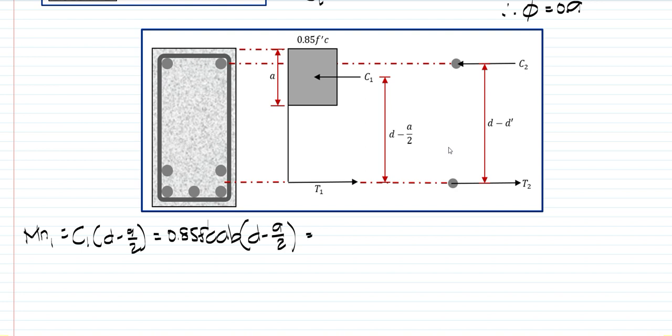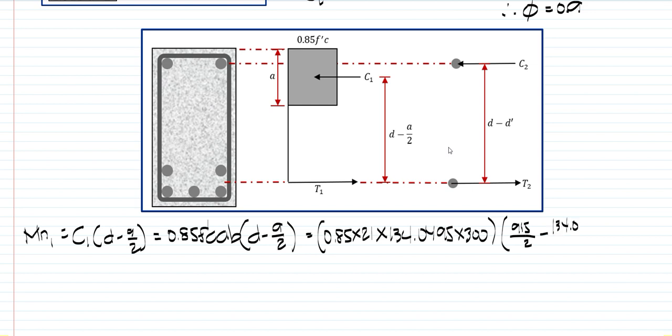So, substituting the values, we could have 0.85 times 21 times yung A na nakuha natin, yung true value, which is 134.0495 times 300. Then, multiplied by 915 over 2 minus 134.0495 over 2.